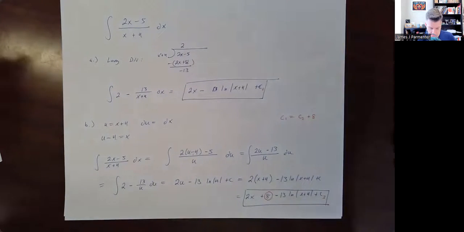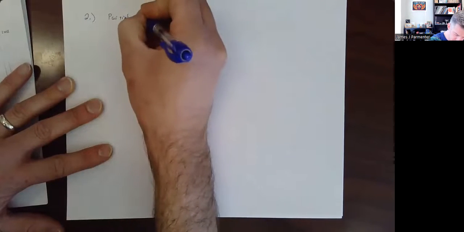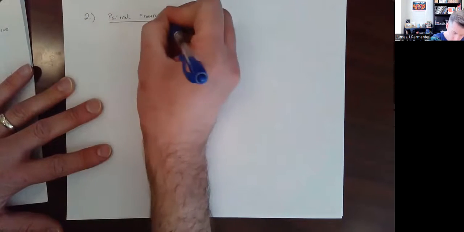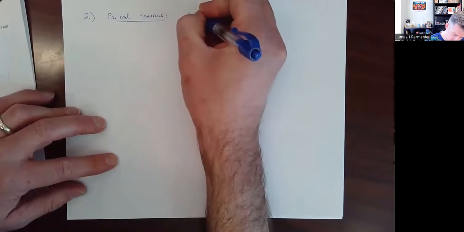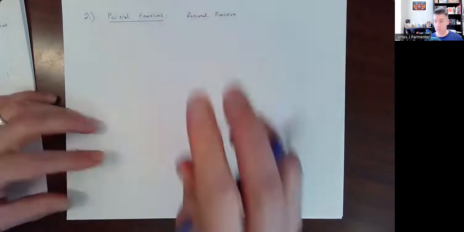All right, let's move on to the next section, which is partial fractions. Partial fractions could take a long time to talk about, but okay. To do partial fractions, you have to have a few things being true. It has to be a rational function, first of all. Sometimes you'll have other things that start off as not rational, and then you use something to make them rational.